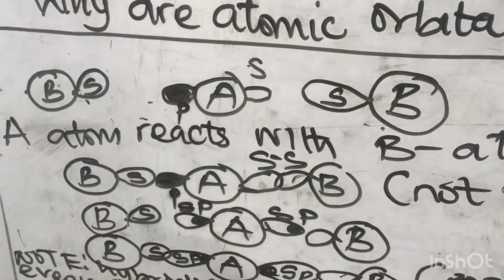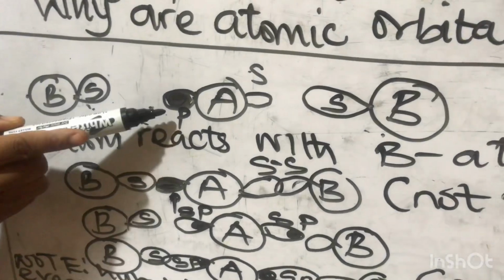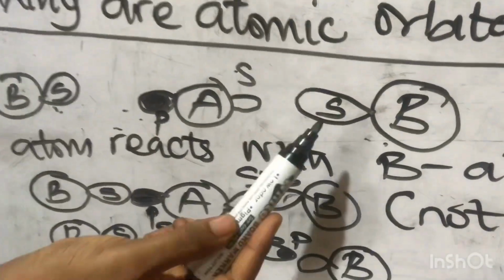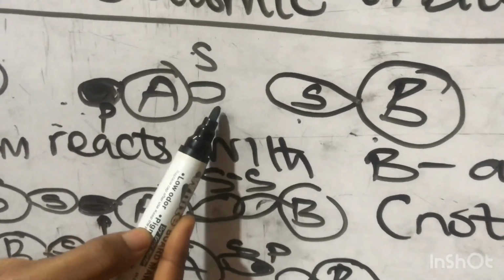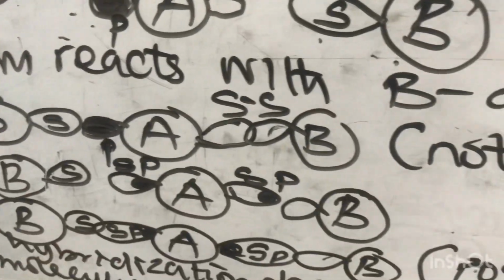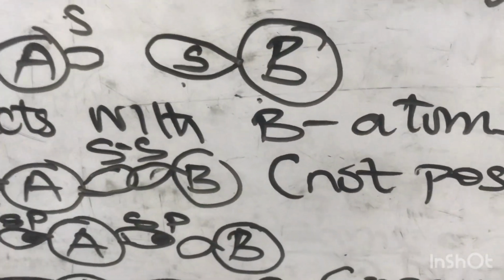Now when they react, the s orbital here will come and react with what? The p orbital here, and the s orbital here will come and react with what? The s orbital here, which is not possible. That is, we cannot react it directly.